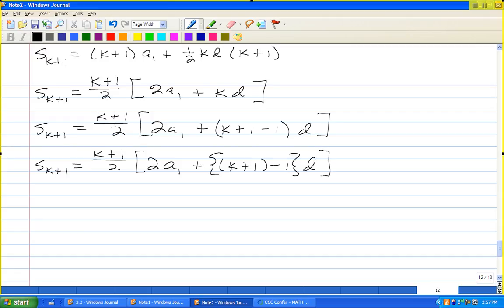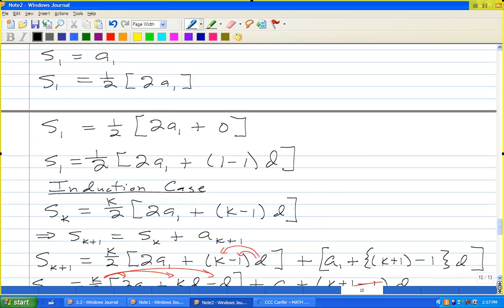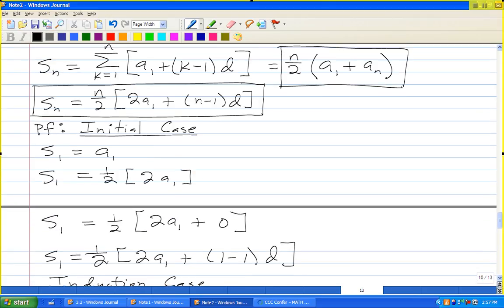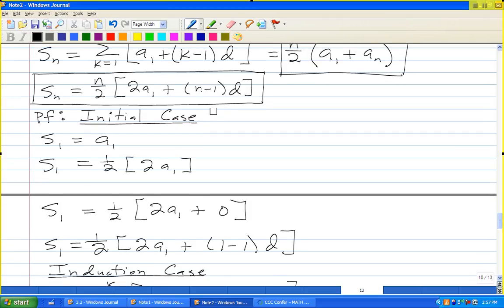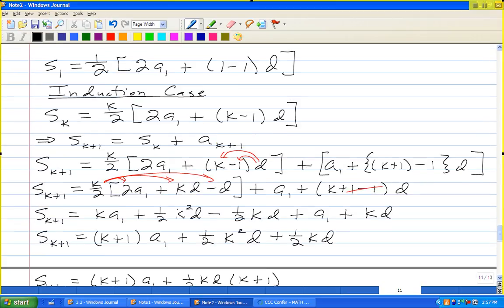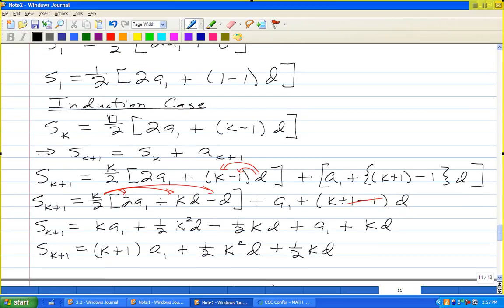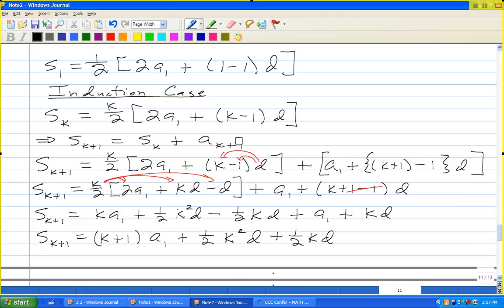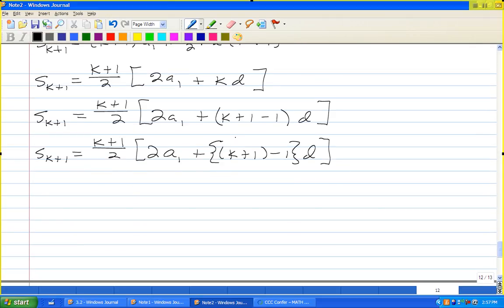And now I see that this is the exact same formula from above, just replacing n here with k plus 1. So therefore, if I replace n by k, then the formula works when I replace n by k plus 1.